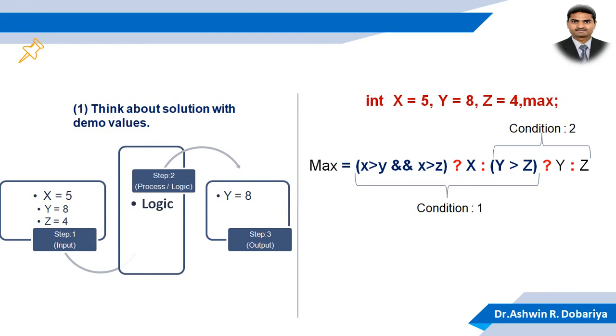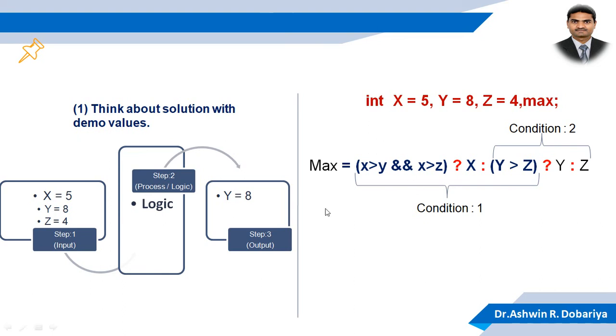A unary operator has only a single operand, and binary has 2 operands, like x plus y, x minus y, all are binary: plus, minus, multiplication. But unary are like plus plus x, prefix, postfix, decrement, increment, all are unary.